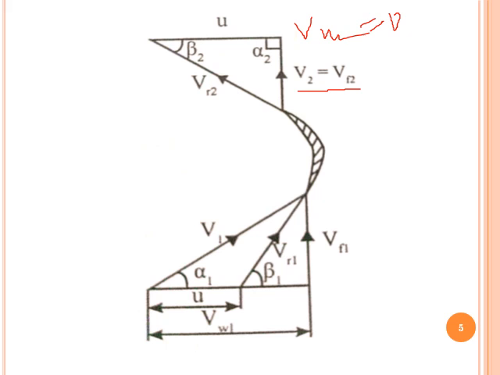So this exit velocity triangle is just a right angle triangle. After referring to these velocity triangles, we can find the blade angles at inlet as well as outlet. Here beta 1 and beta 2 are calculated by using both the inlet and outlet velocity triangles.